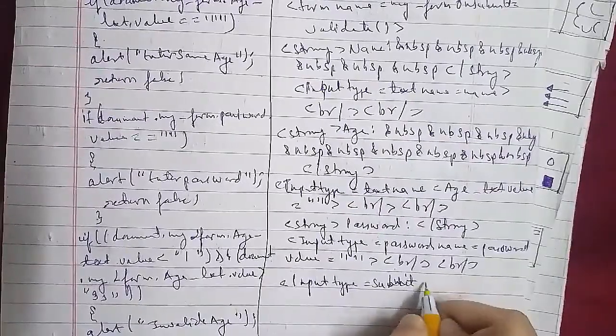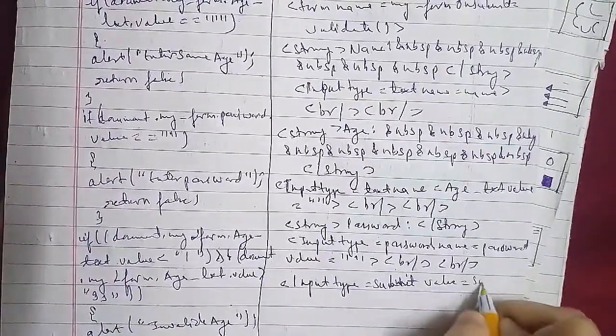For this form.gender here, this is to validate the radio button.